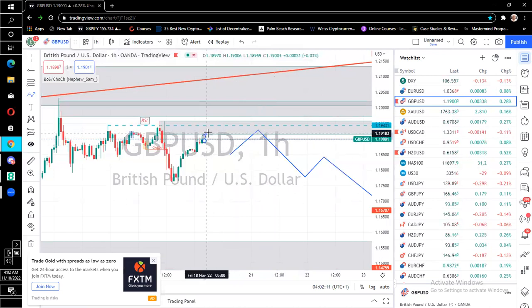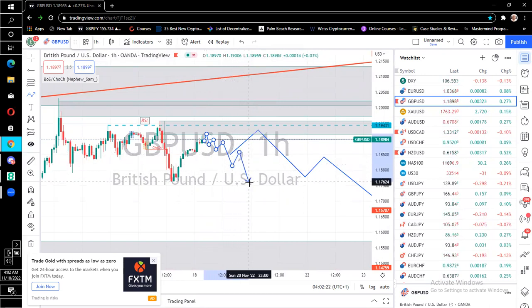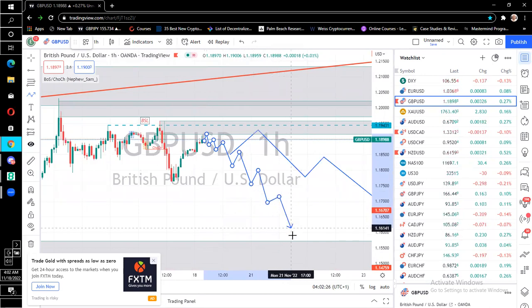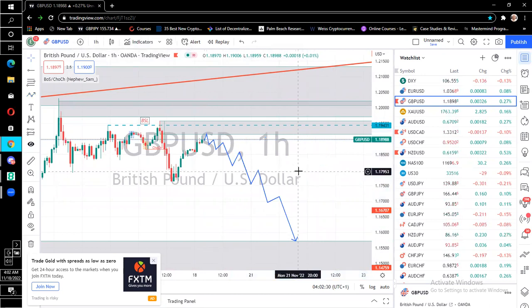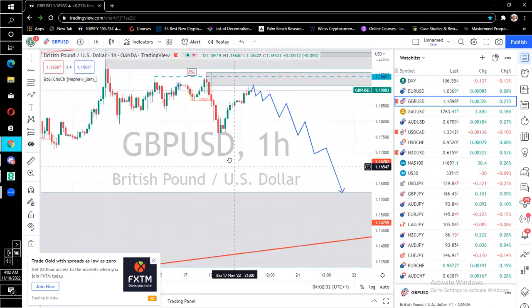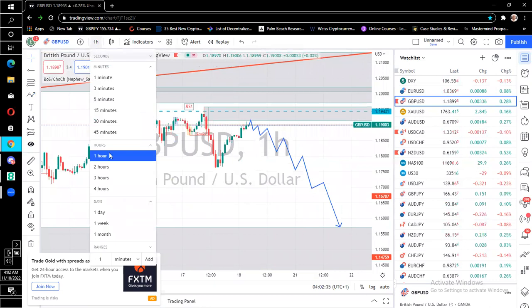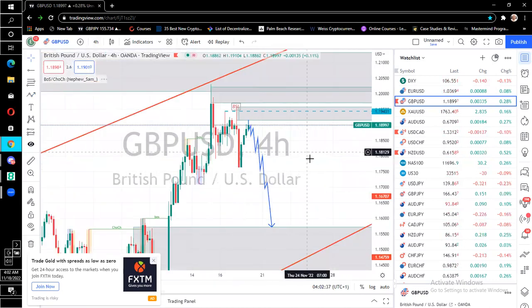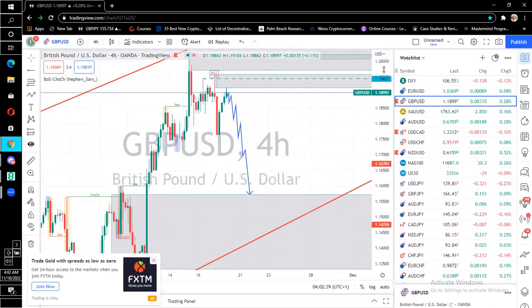A push back to this, take away this high, and then do a kind of manipulation in a lower time frame. Then we'll be expecting to see this happen to the downside. So I'll be taking this out. If you go to 4 hours, of course, we see it clearly in 4 hours.